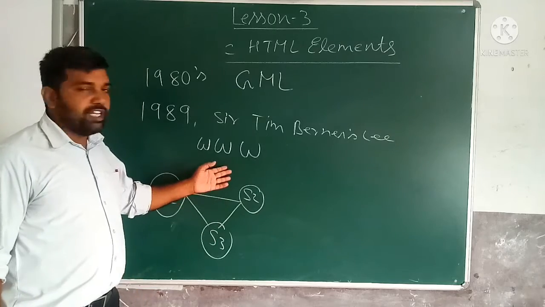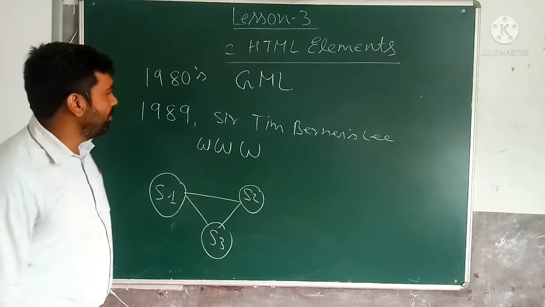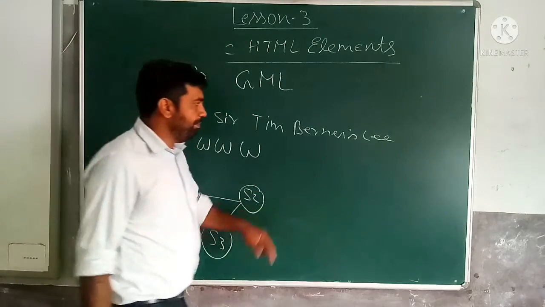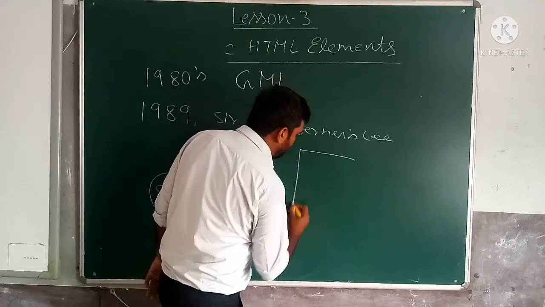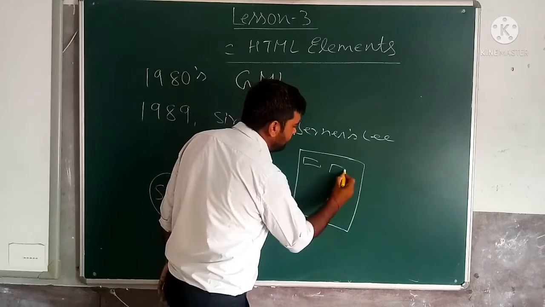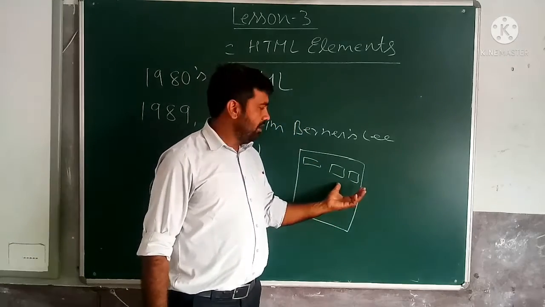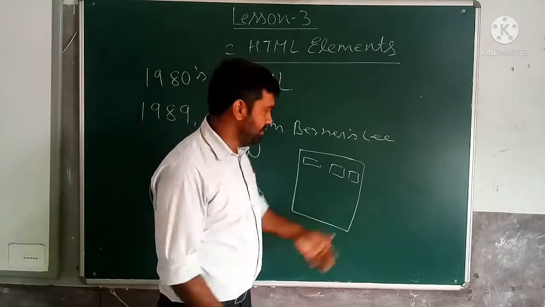What is a website? A website is a collection of web pages. The first page of the website is called the home page. And on the home page you will find many links, and each link will help you jump to another web page.